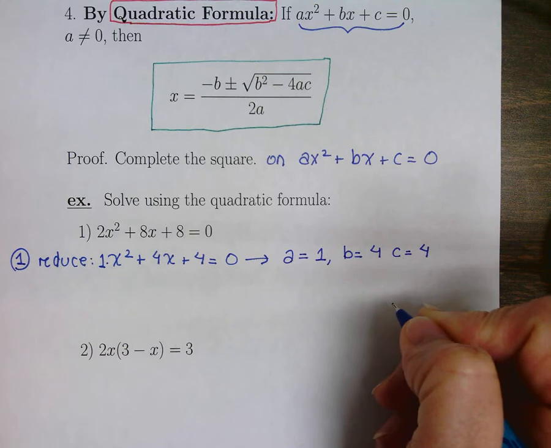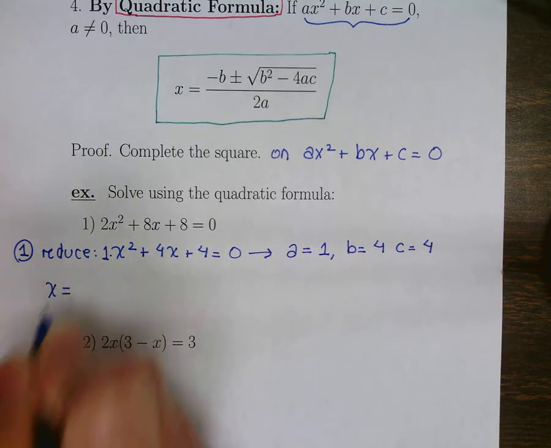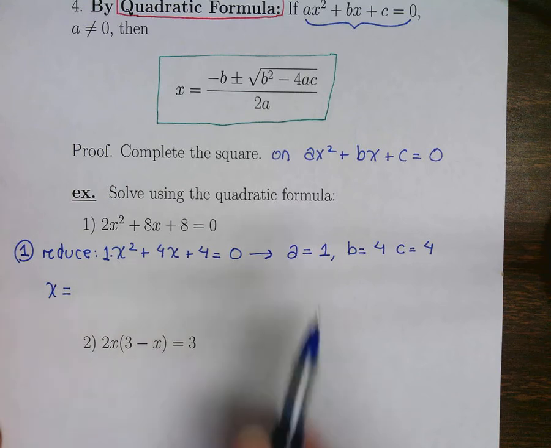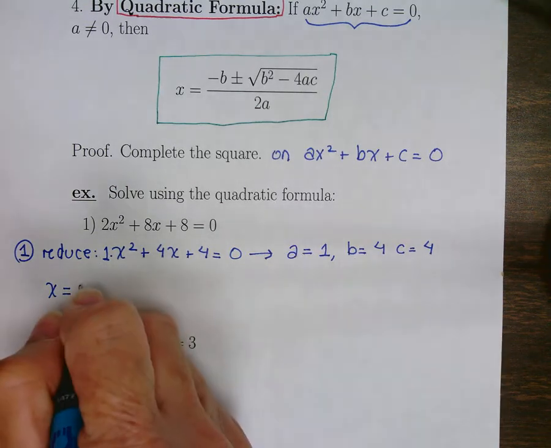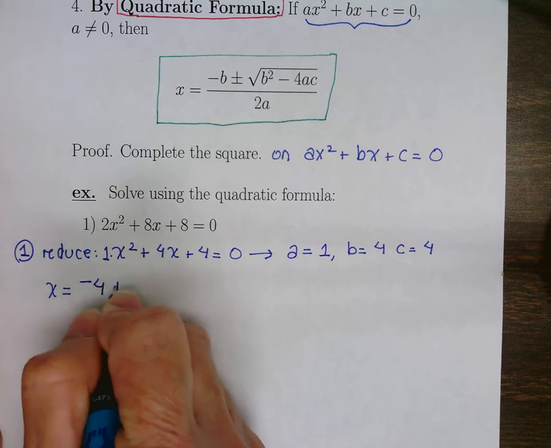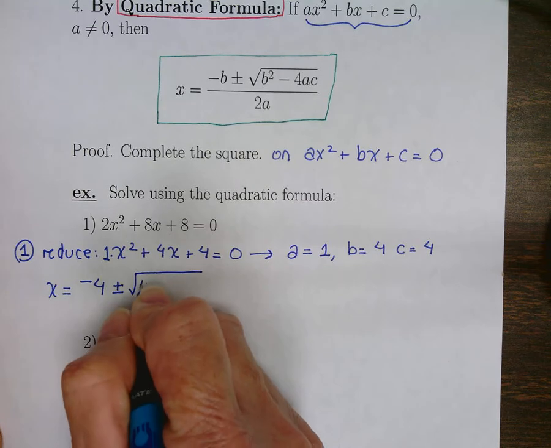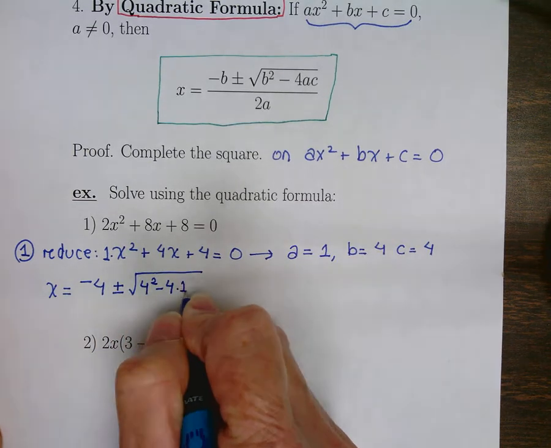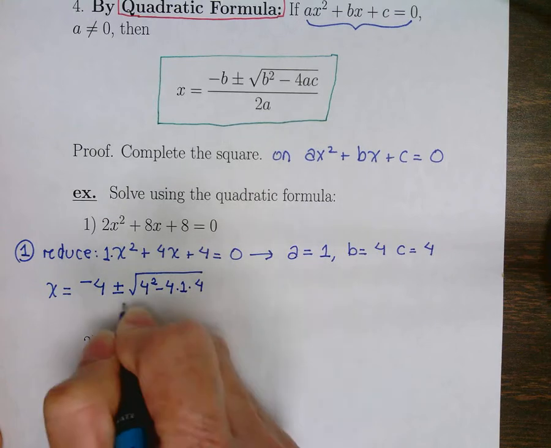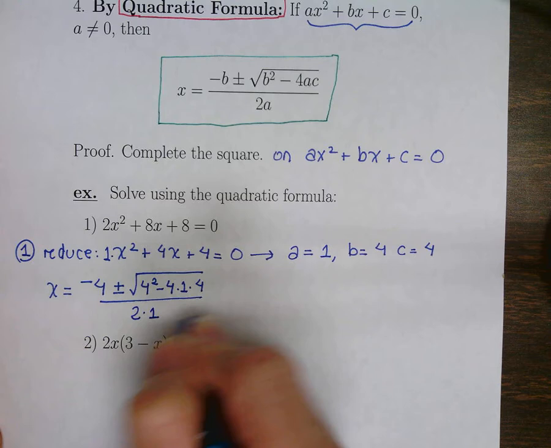And then I just plug it into the formula, which again tells me the values of x that are solutions to this equation. So x equals the opposite of b, plus or minus the square root of b squared minus 4 times a times c, all over 2 times a.